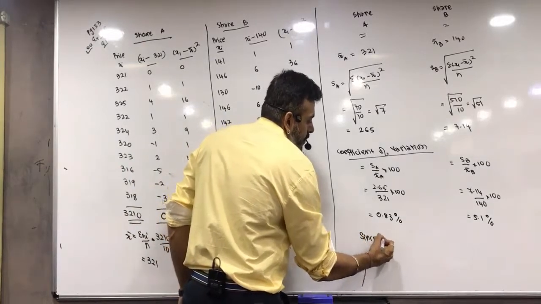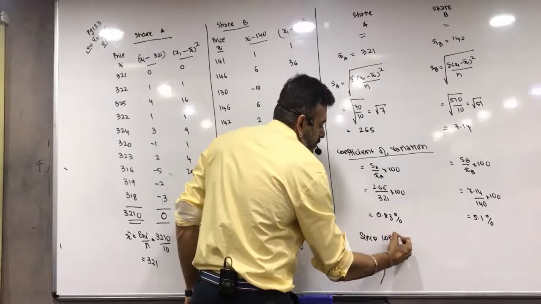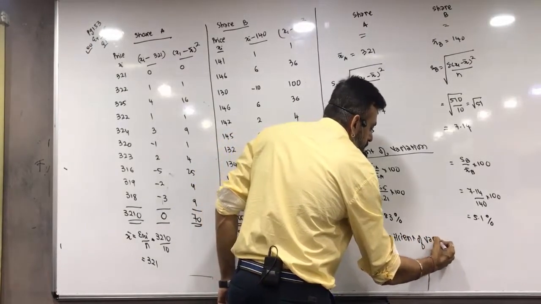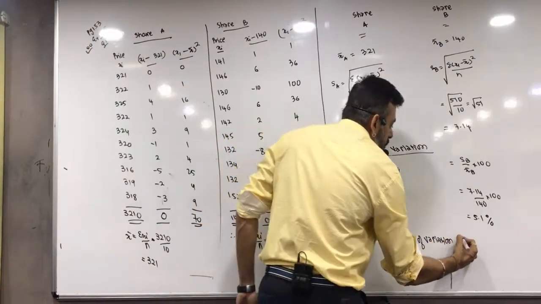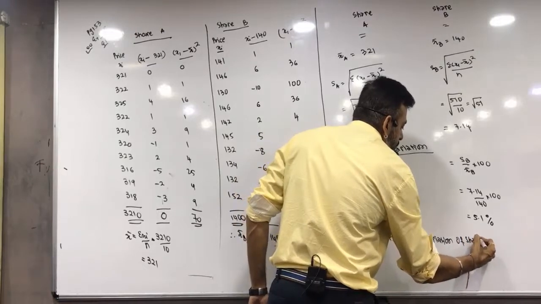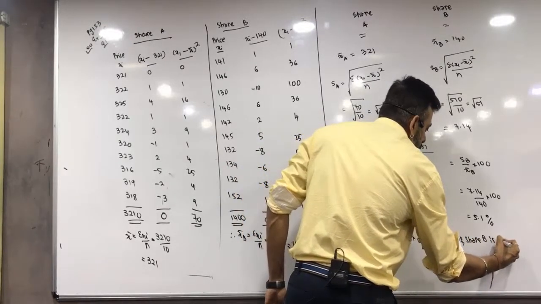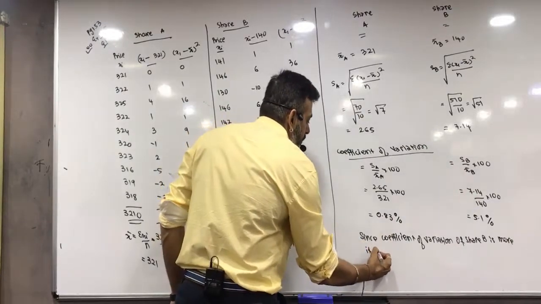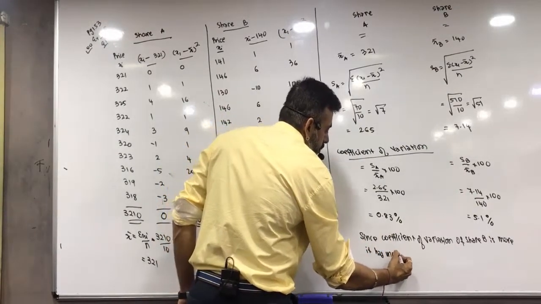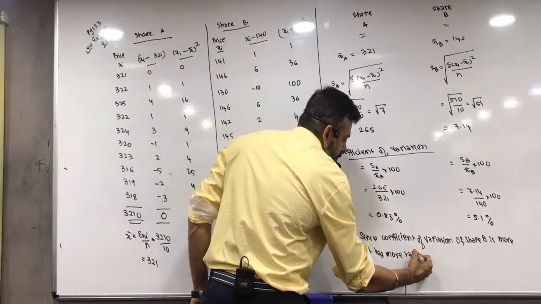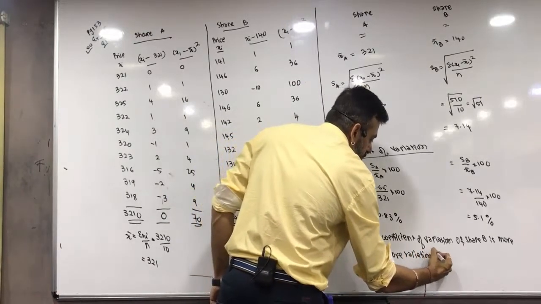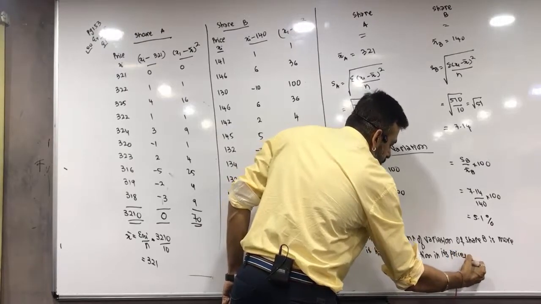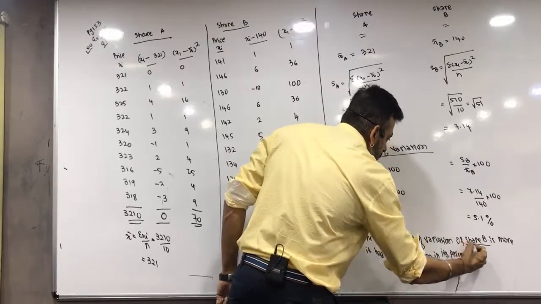Since the coefficient of variation of share B is more, it has more variation in its prices. Answer. Underline share B.